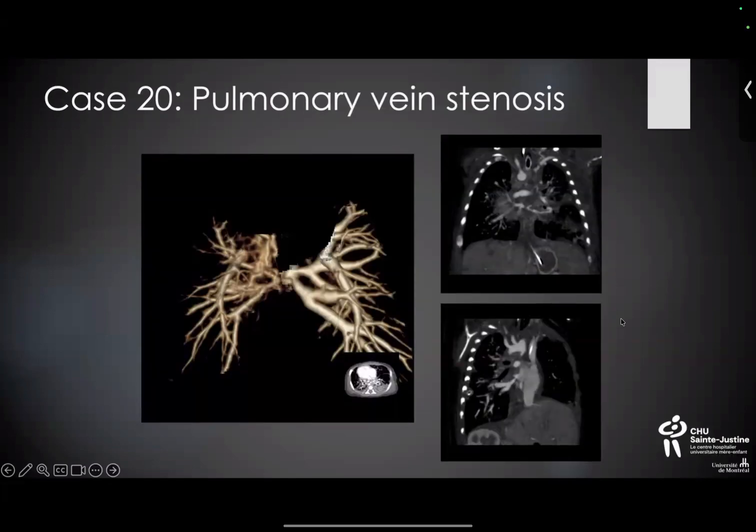In that particular case, it was edema because of pulmonary vein stenosis. You have a kid that was already operated for a total anomalous pulmonary venous return, and she had post-surgery stenotic veins, which was why she was in edema, and they operated on her, and she was good after that.